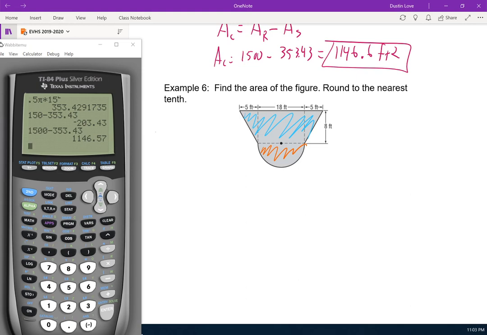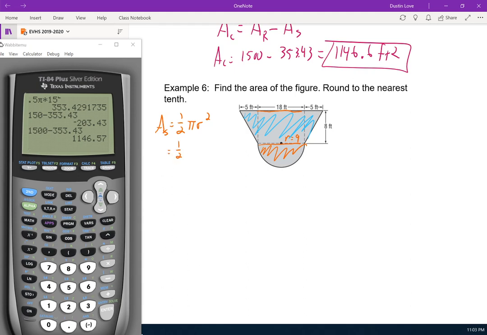My pen's already orange, so I'm going to do the semicircle first. Area of the semicircle is 1/2 times pi r squared. Now, if the full distance of this rectangle is 18, that means my diameter is 18, therefore my radius is 9.